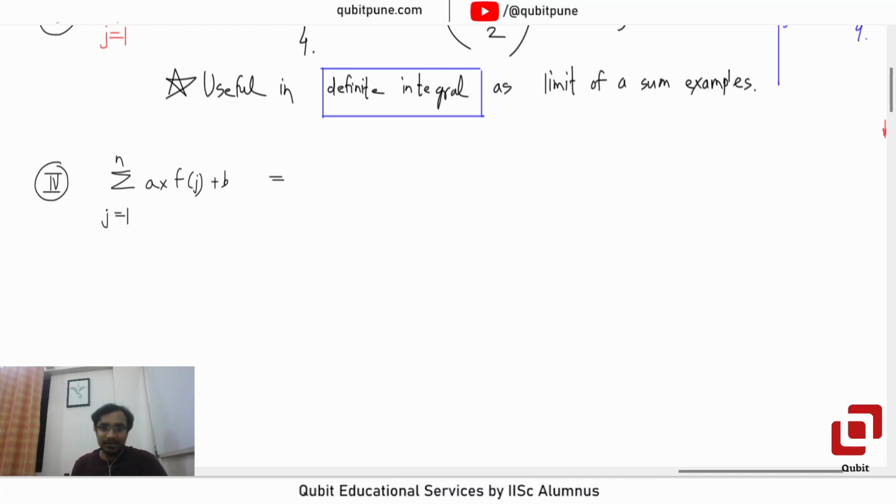Okay, fourth, this is another resemblance between summation and integration. Summation is a linear operation, which says I can take a outside, I can sum things up, and then I can just get this b. But don't forget that this b is to be multiplied by n. Right?